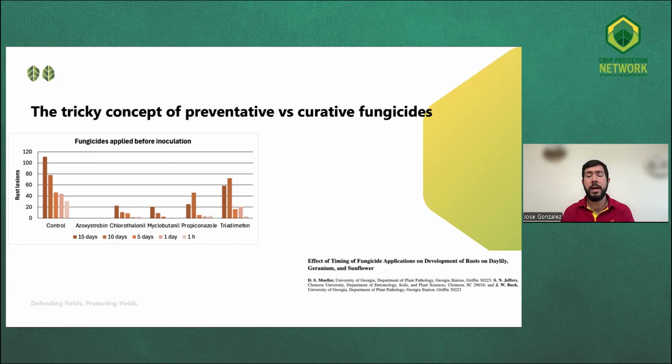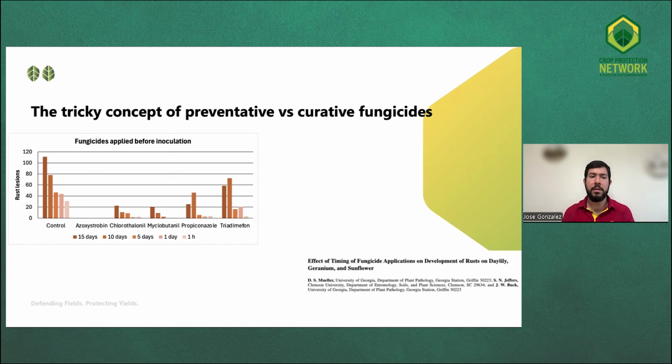So he had 5 fungicides: a strobilurin, called azoxystrobin. Then he had a protectant, the fungicide chlorothalonil, and then 3 triazoles, which were myclobutanil, propiconazole, and triadimefon. So he applied the products 15, 10, 5, 1 day, and 1 hour before inoculating the plants with the rust.